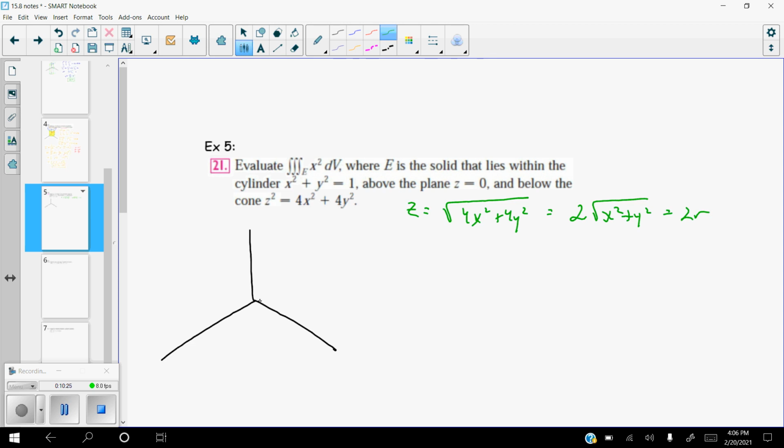So we're going to have our cone, which looks something like this. We want to find this triple integral below that cone, but within the cylinder x squared plus y squared equals 1. So maybe that's only out to here. Who knows?